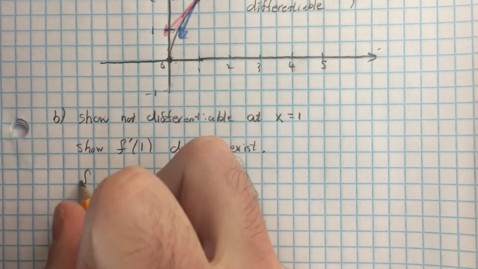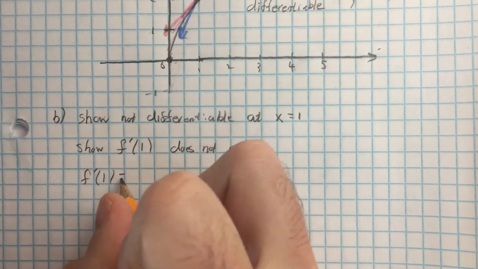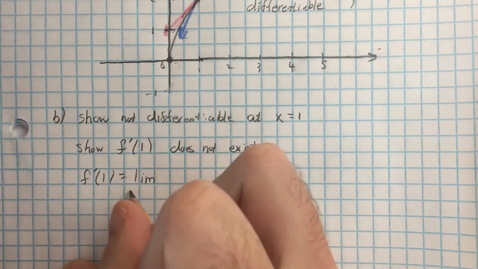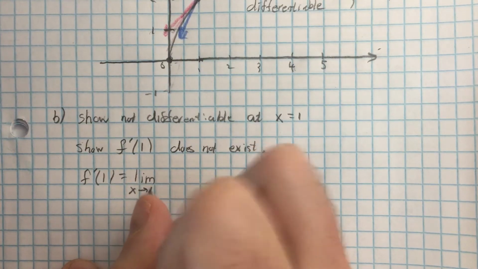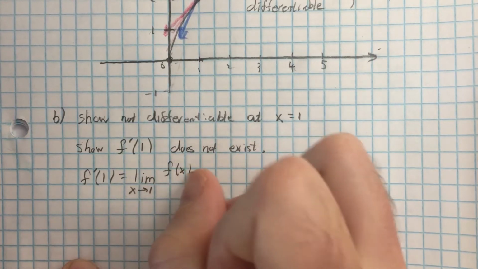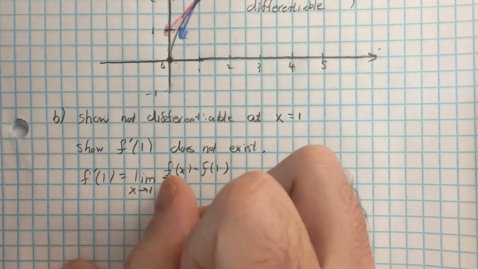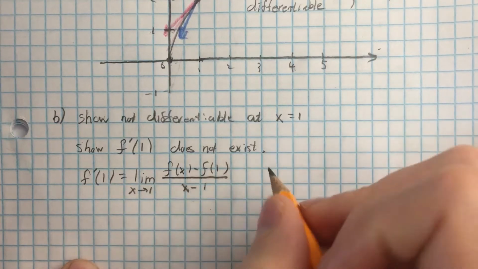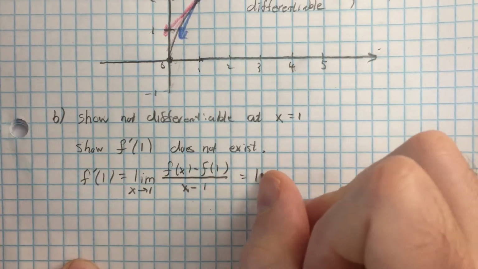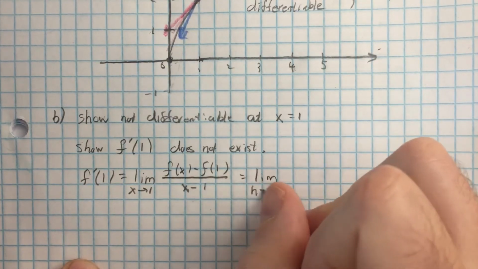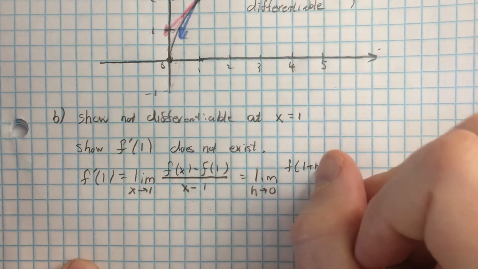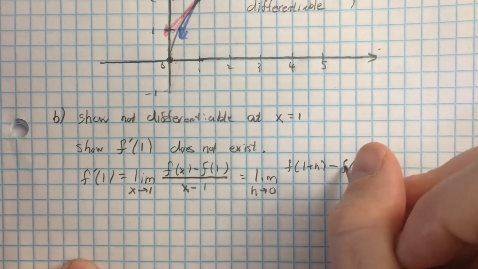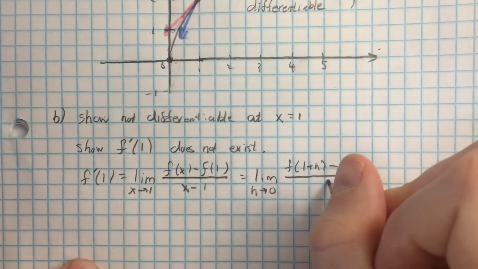So what is f prime 1? F prime 1, according to the definition of derivative, is this limit. So there's two ways to look at it. It's either, as x approaches 1, f of x minus f of 1 over x minus 1, or I can use the other form, it really doesn't matter, h approaches 0 of f of 1 plus h minus f of 1 all over h.